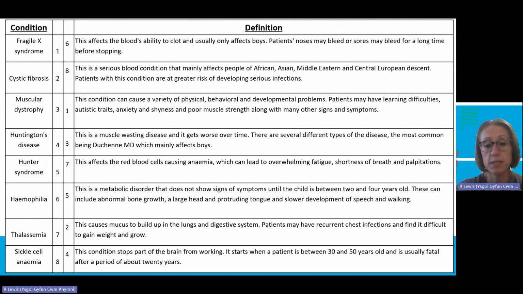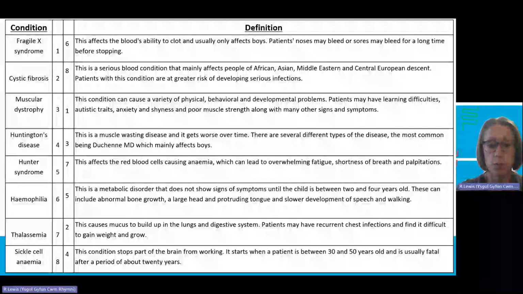And unfortunately then, this is usually fatal after a period of about 20 years from receiving that initial diagnosis. Individuals will have speech problems as well as movement problems, and obviously cannot make decisions for themselves.